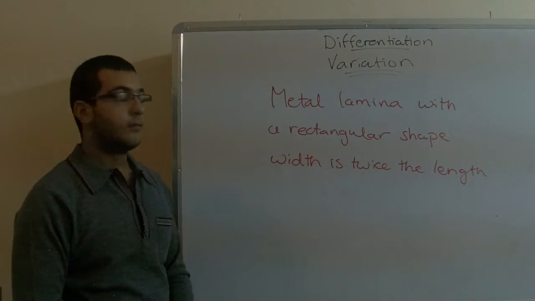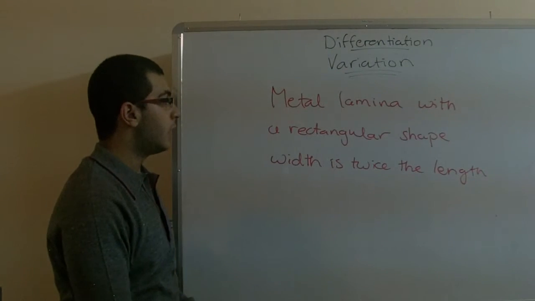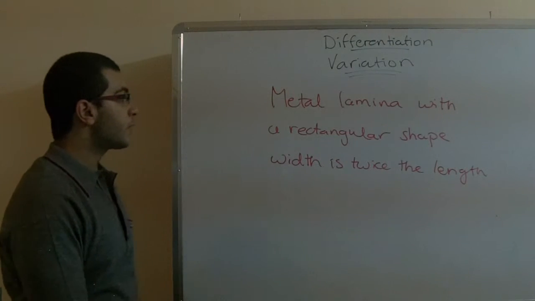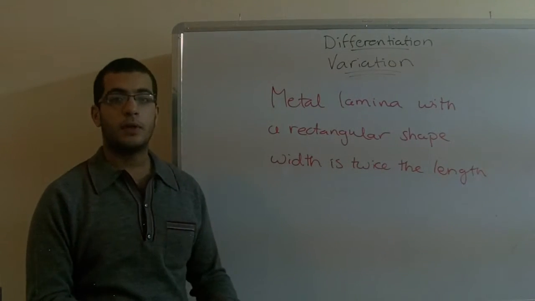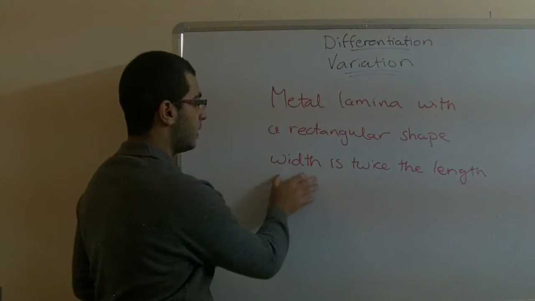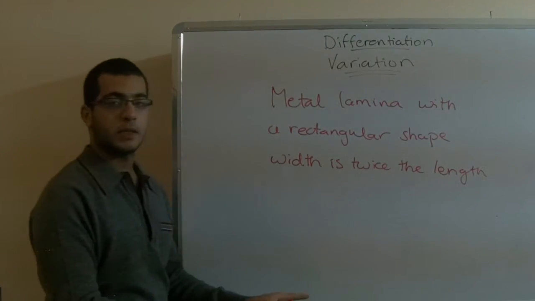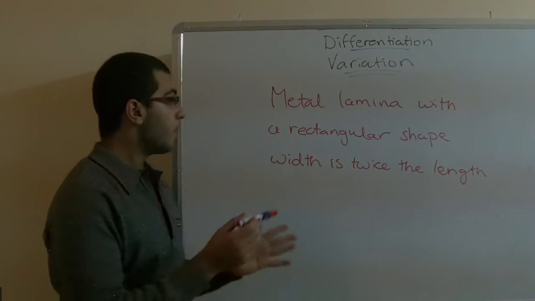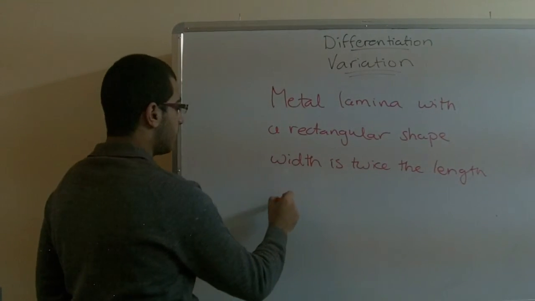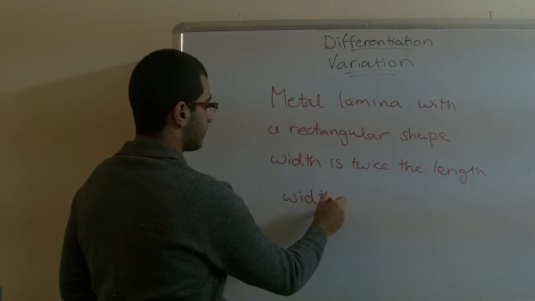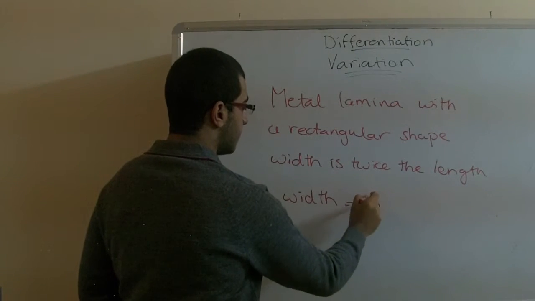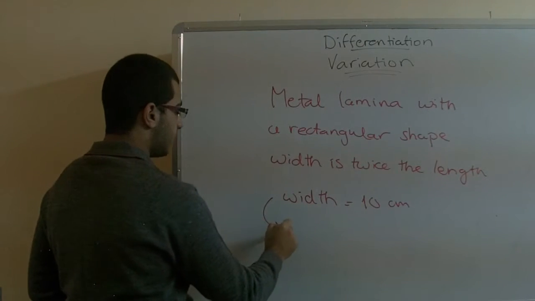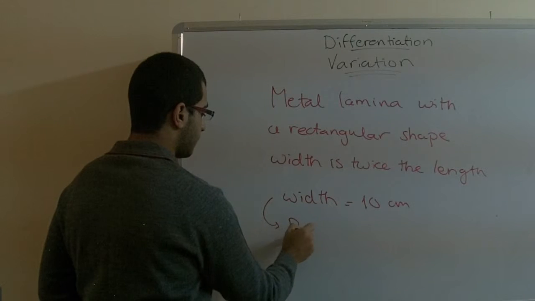and the area of this metal lamina increases so that it preserves the ratio between the width and the length, we want to find the rate of change of the area when the width equals 10 centimeters.